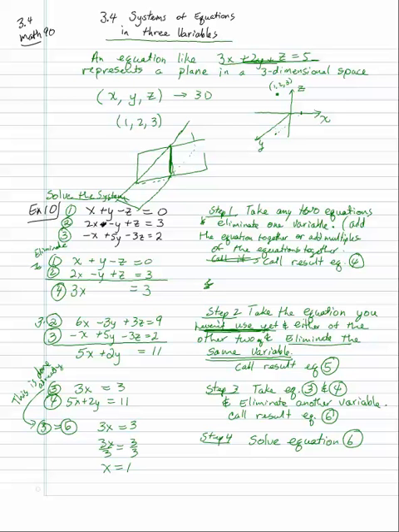So now step 5, we're going to plug that result into either, and we're going to kind of go backwards, go back up, plug it into either equation 3 or 4 and solve for another variable.